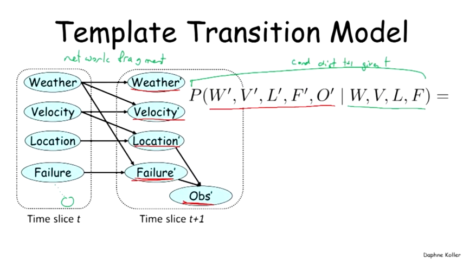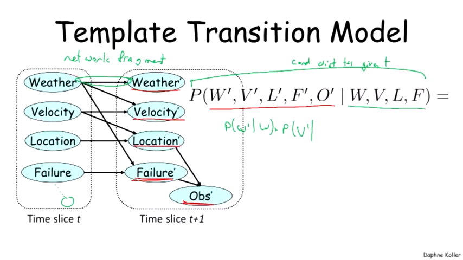But in order to represent that, we still use the same tools that we had in the context of graphical models. And so we can write that as the same kind of chain rule that we used before. So this would be the probability of W prime given W, based on this edge over here, times the probability of V prime, the velocity. So the first one says that the weather at time t plus 1 depends on the weather at time t.